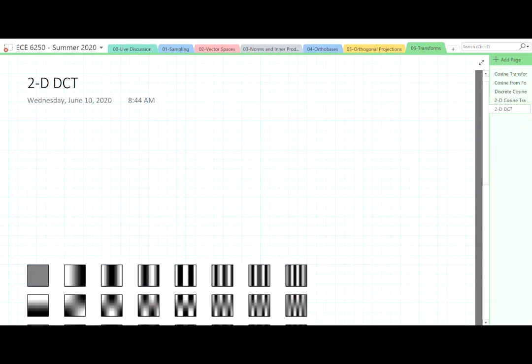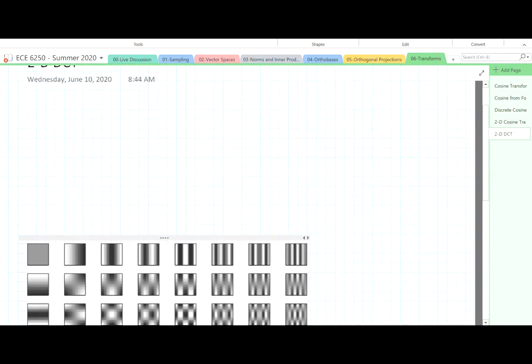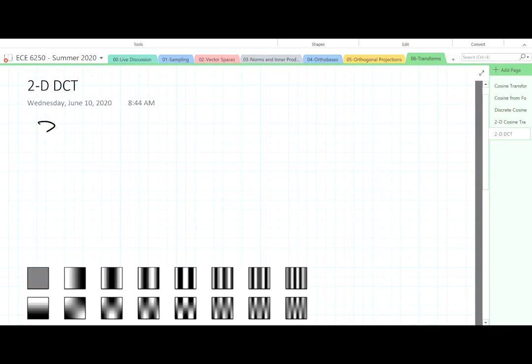Welcome back. So we've talked about the cosine transform, the discrete cosine transform, the 2D cosine transform, and now we're going to talk about the discrete 2D cosine transform, or the 2D DCT. So, first, the definition. Like the 2D cosine transform, the 2D DCT is simply created from the 1D transform.